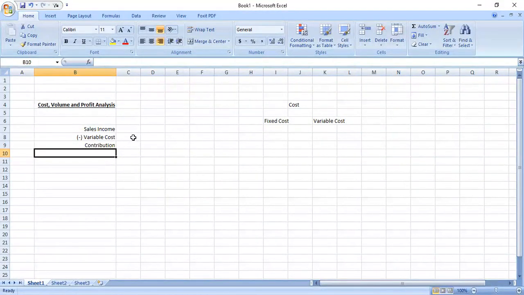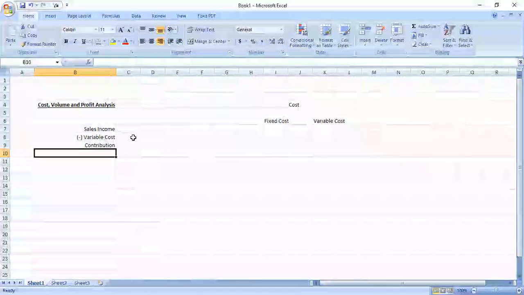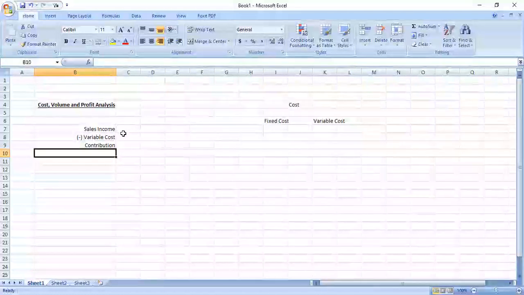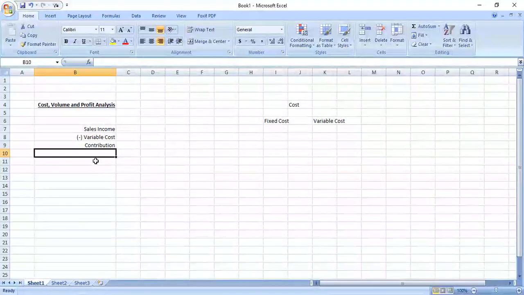If it changes with the level of output, you have to take it and deduct that from your sales income. Then the remaining of sales income after deducting your variable cost is what we call contribution, right?